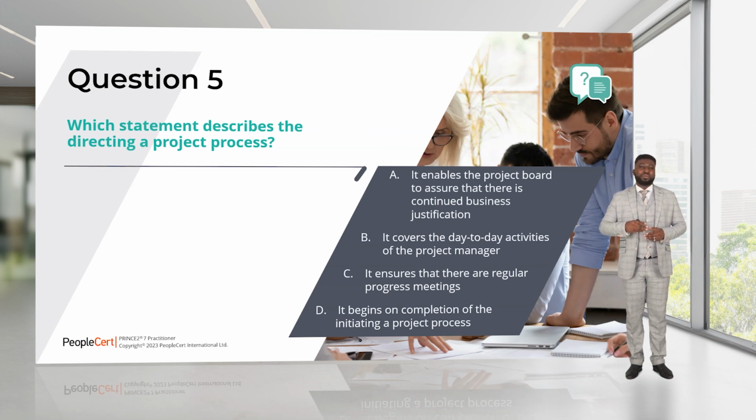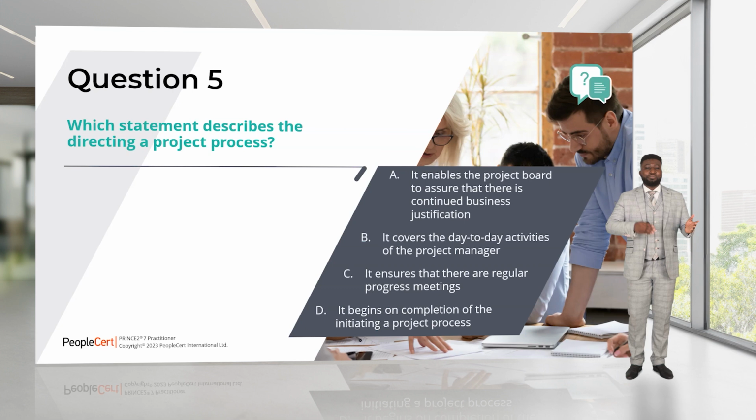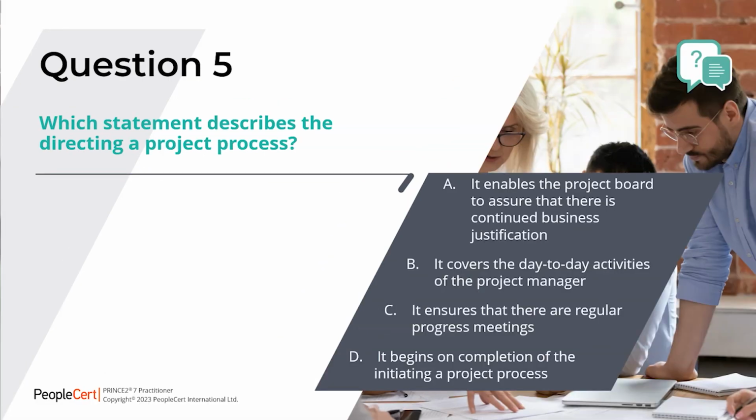So directing a project process is set up right after startup, and it is authorizing initiation that triggers initiating a project process. So we know that directing a project process already begins before initiating a project process. Therefore, it cannot be D.